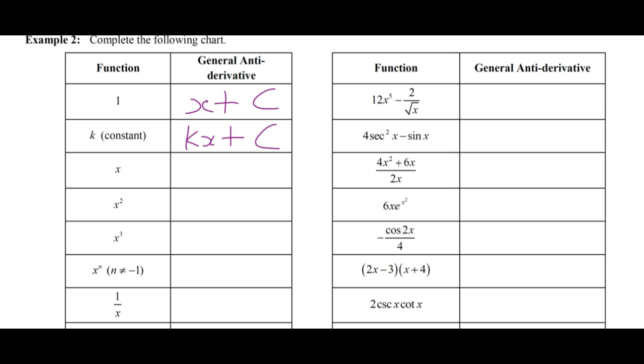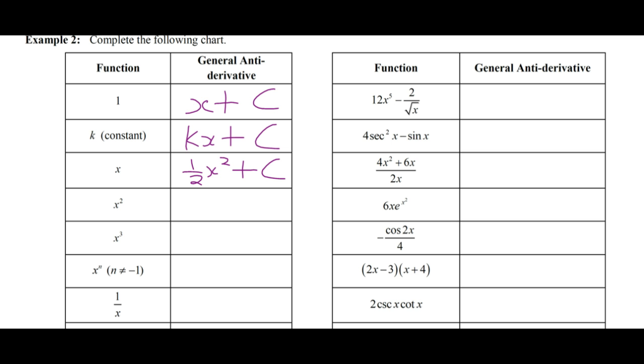For x, the antiderivative is 1/2 x squared plus c. How am I going to get an x? I need to go one power higher. So how am I getting an x squared? I need to go x cubed. But when I do the derivative, I'm going to have a 3 out front.